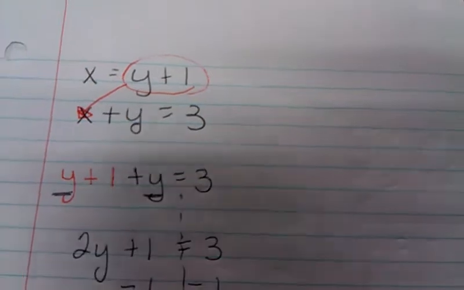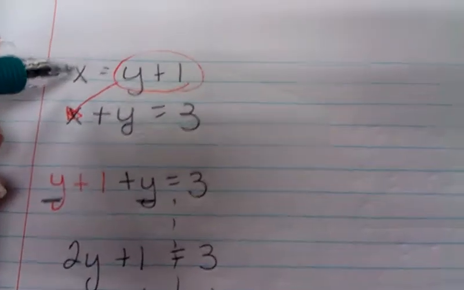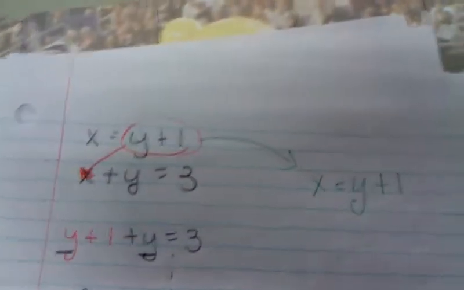So now as I go back up here and I look at this, I see that I have an equation right here. I will rewrite this: x equals y plus 1. Now I already found y to be 1. So this is going to come up here and I'm going to put it into my equation.